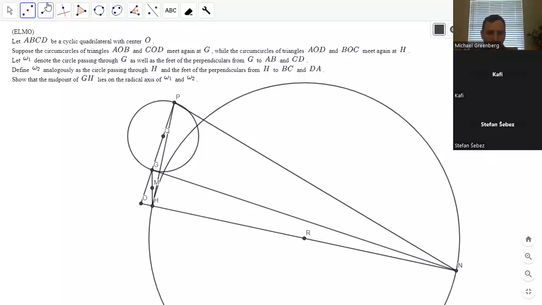So OM is perpendicular to QR. So MQ is parallel to HP and MR is parallel to NG.